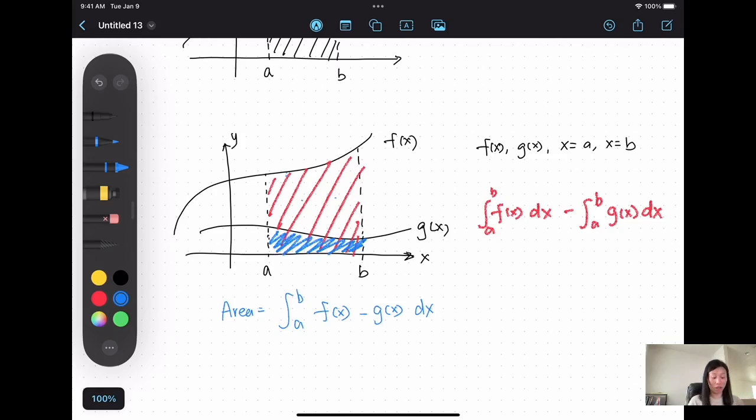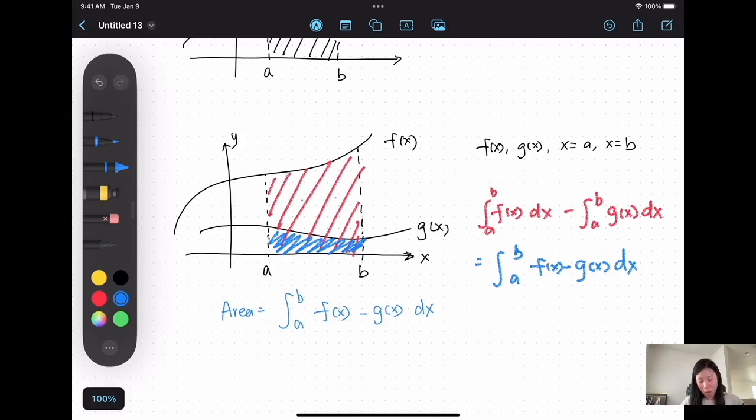So that will give us the in-between part, the area between these two curves. When I combine these two together, I will have the integral from a to b of f(x) minus g(x) dx.